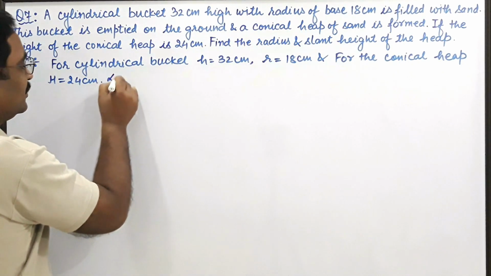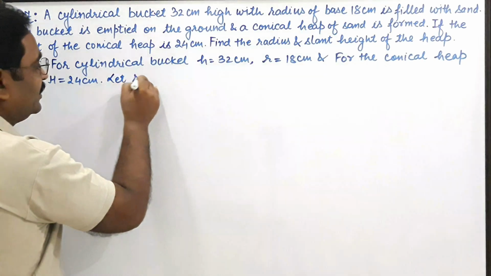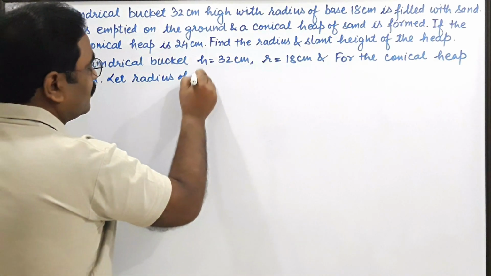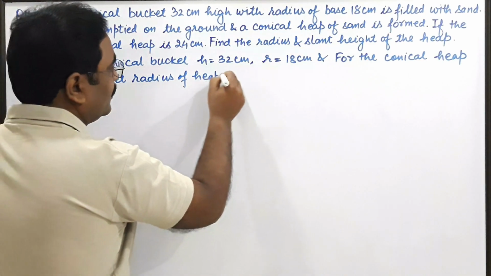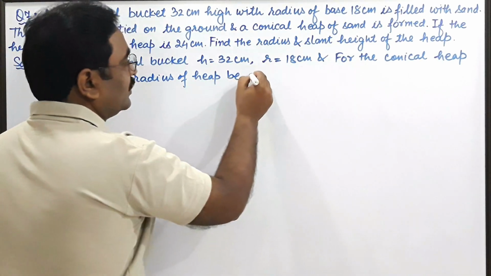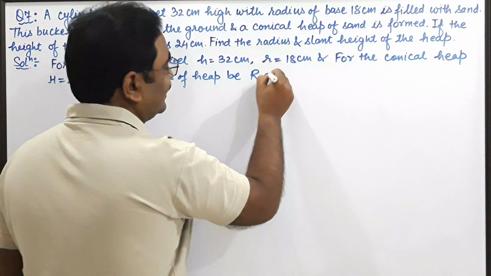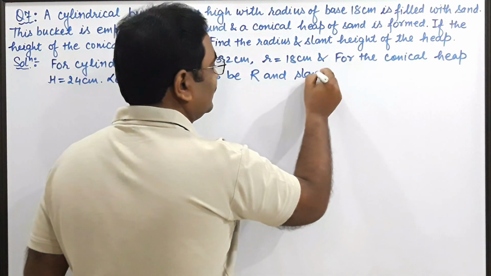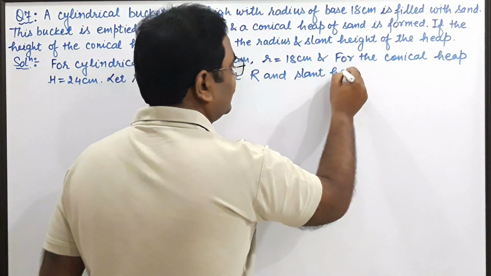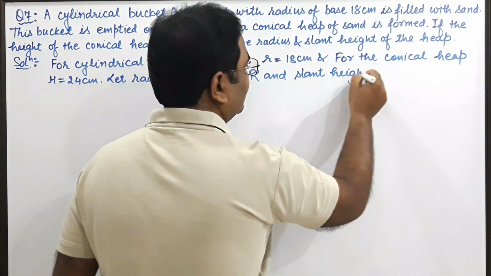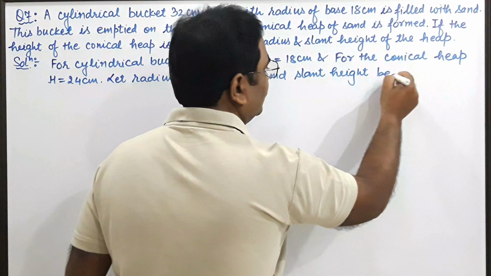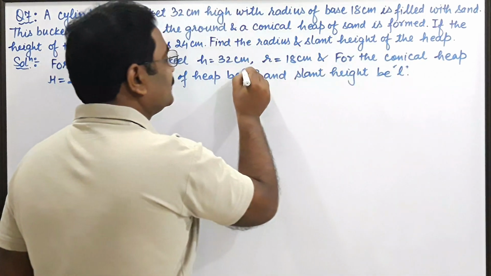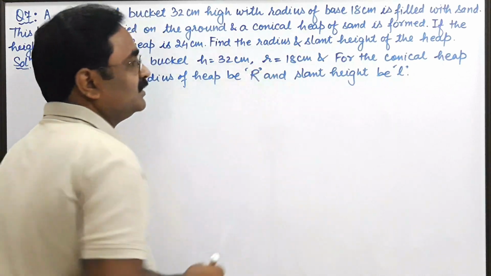So let radius of heap be capital R and slant height be small l. So these two things we need to find out.